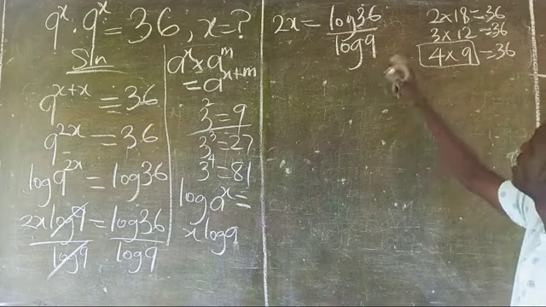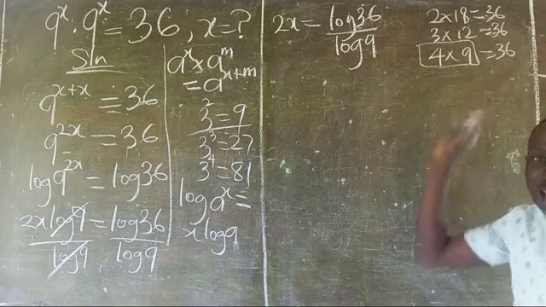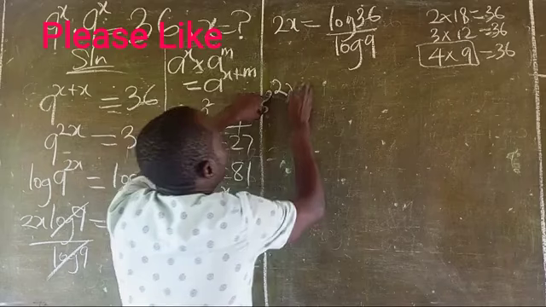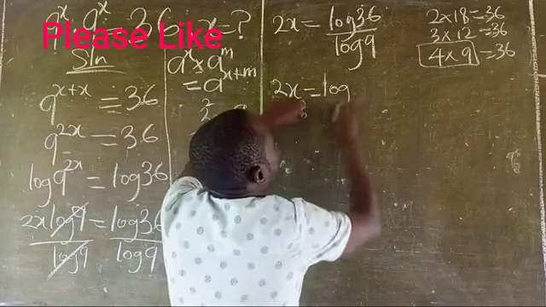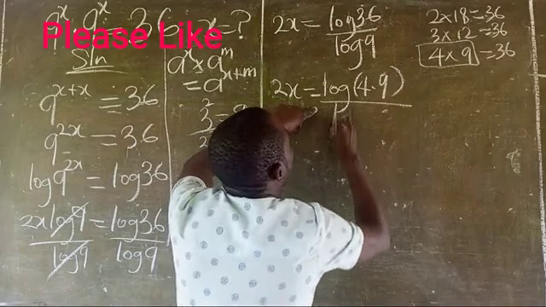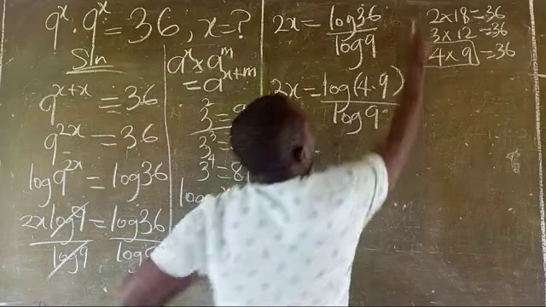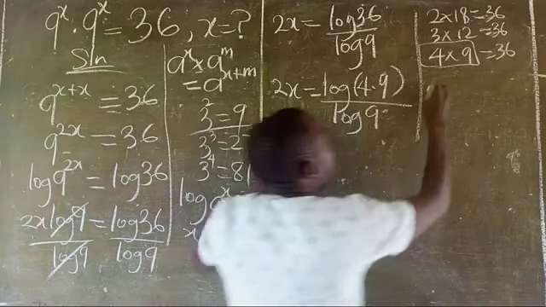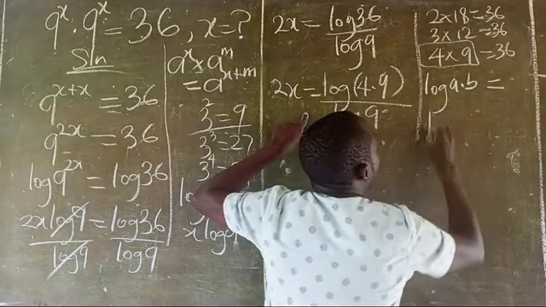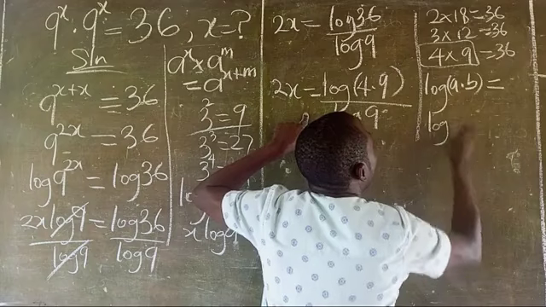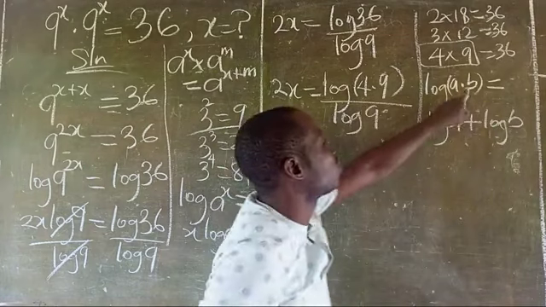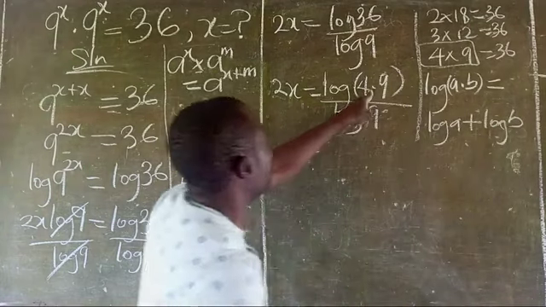So our next equation, in place of 36, I will put 4 times 9 so that we can progress together smoothly. Alright, so it becomes 2x equals log of 4 times 9 over log 9. And also, if you remember, we will have log a times b, the same thing as log a plus log b. So when the operation is multiplication, you add that up. So the same thing we'll do here.